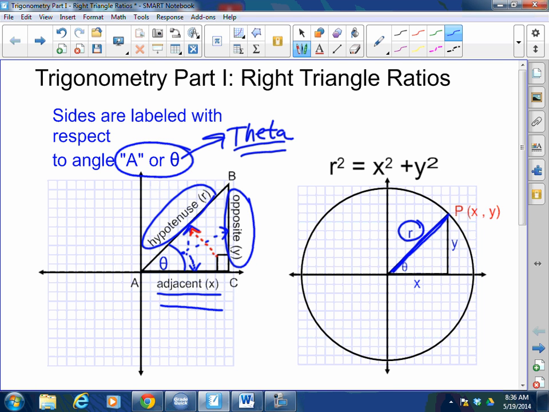The X, that is my adjacent when we're talking in respect to angle theta. And my Y is my opposite with respect to my angle theta. This point P is just the point on the circle.